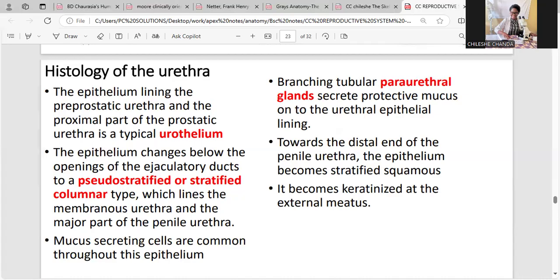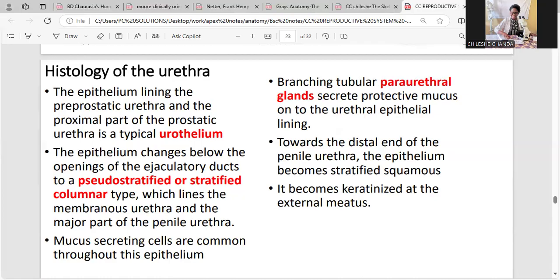Urothelium is a special type of epithelium which lines the organs of the urinary system, starting all the way from the renal pelvis into the ureters and the bladder. Now we're talking about the preprostatic and some parts of the prostatic urethra.